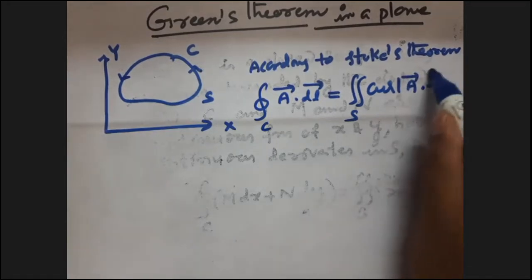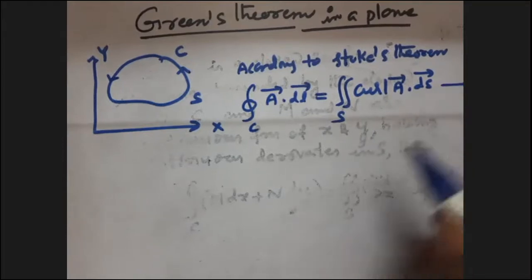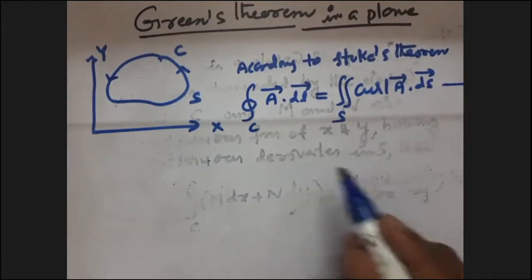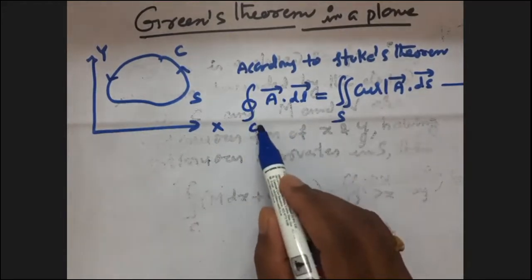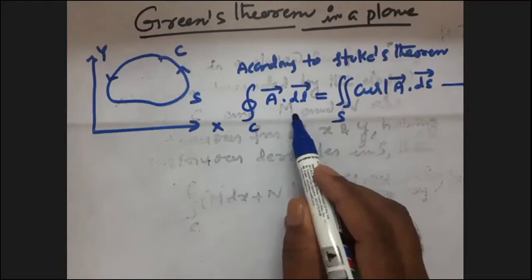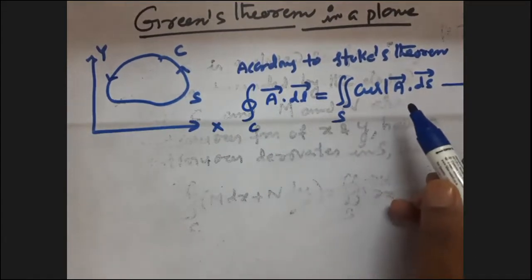In the previous class, we discussed this one. So this is equation one. The line integral of A bar dot dl bar over C is equal to the surface integral of curl A bar dot ds bar.